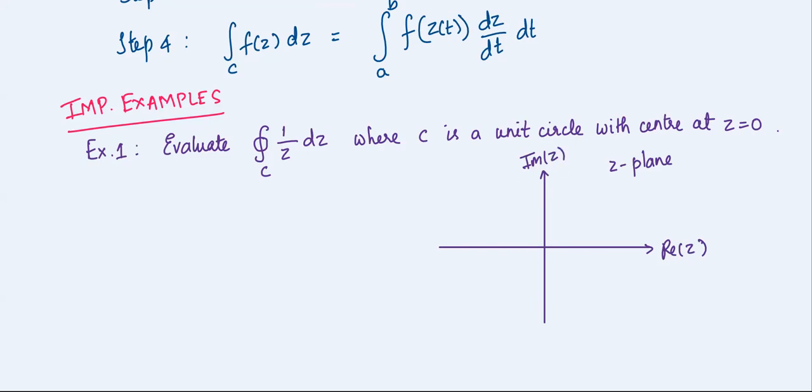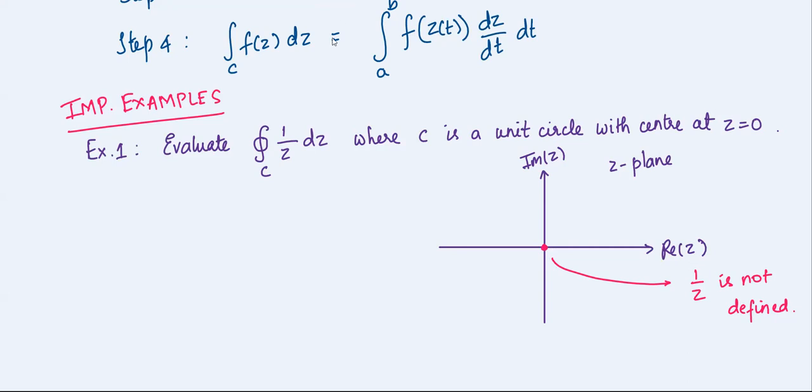So this point, 1 by z is not analytic. 1 by z is not defined. So it is not an analytic point.